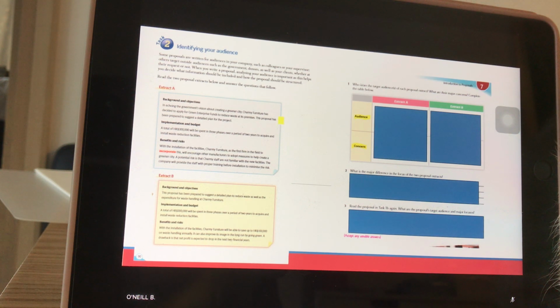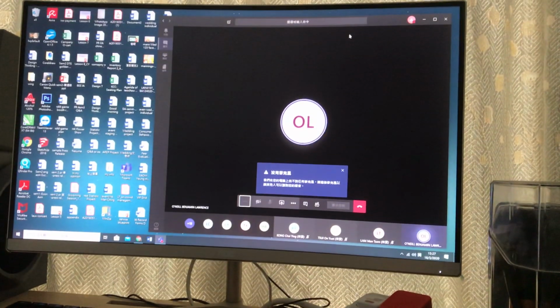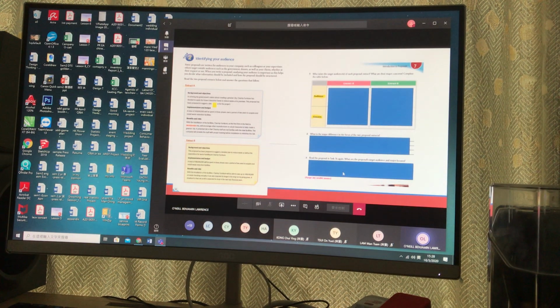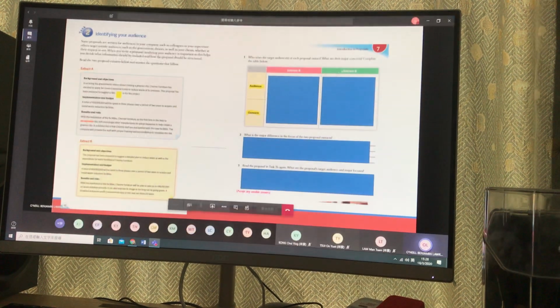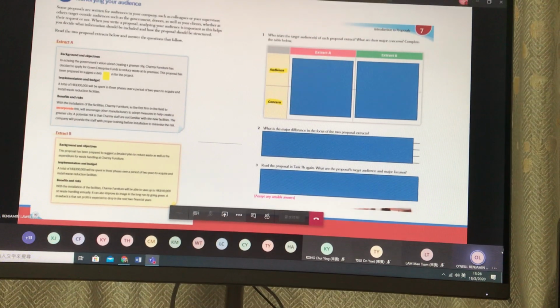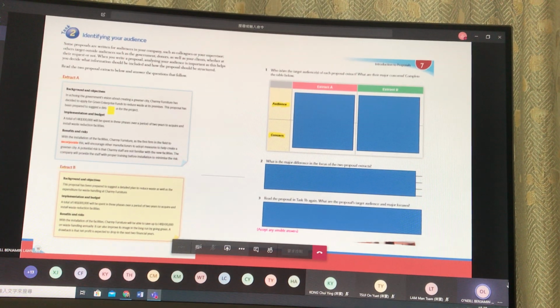Okay, so let's look at it. In echoing the government's vision about creating a greener city, Charmy Furniture has decided to apply green enterprise funds to reduce waste at its premise. So we're going to apply for some funds to make the environment better. Who would pay for something like this? Who would pay a company money to make the environment greener?